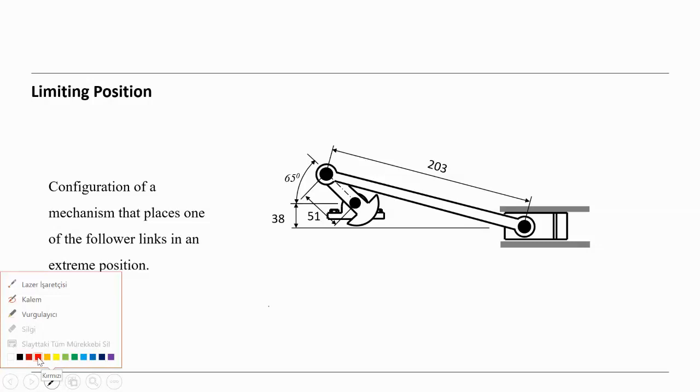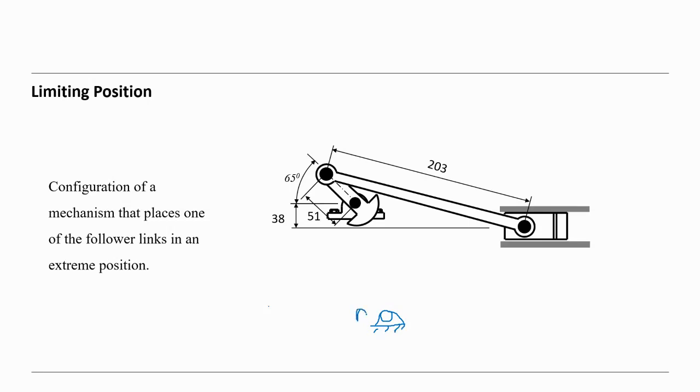Okay, let's draw the mechanism once more. I said this is an offset mechanism. That means we have here the point A for the crank, and this is the crank here.